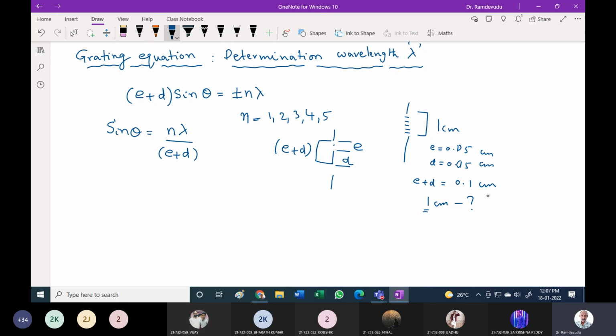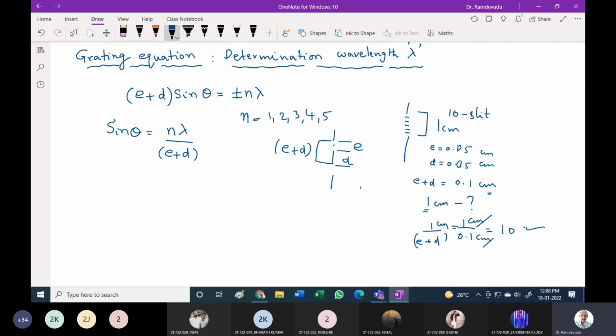So e plus d is 0.1 centimeter. Therefore, I take 1 by 0.1, which I'll write as 10. So 1 centimeter by e plus d, the 0.1 centimeter will cancel, I'll get 10. So that means in 1 centimeter, there are 10 slits.